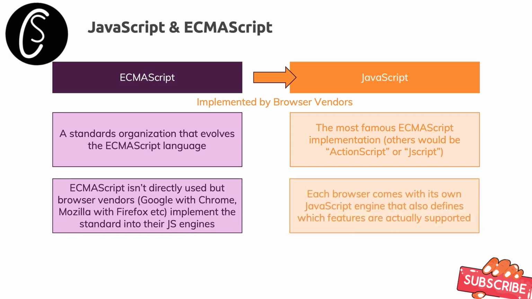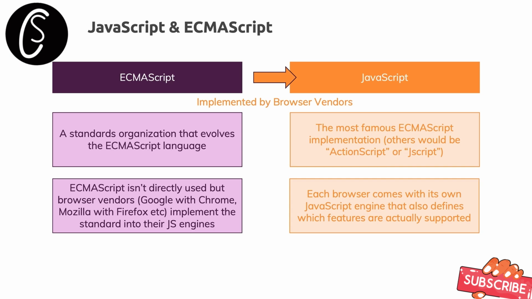So ECMAScript itself isn't directly used, but browser vendors implement it into their JavaScript engines. Each browser comes with its own JavaScript engine though, and therefore it's each browser and the engine used by the browser which defines which exact features are supported. And actually browsers also sometimes implement certain features at an earlier point of time than they're really finalized in ECMAScript.